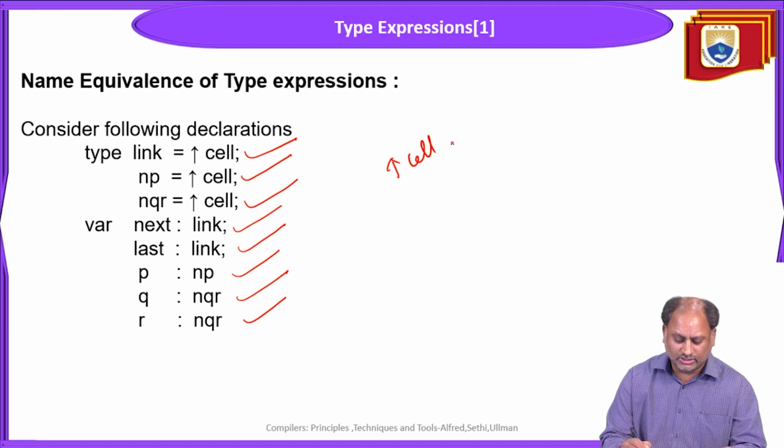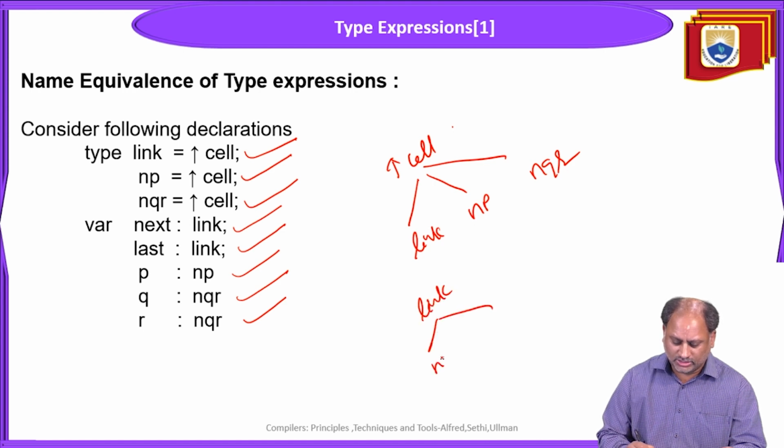It is defined with pointer to cell, defined with the link NP, NQR. Whereas a link is defined with next and last. Whereas for PQR, P is NP. That means P is a pointer to cell. NQR is also a pointer to cell.